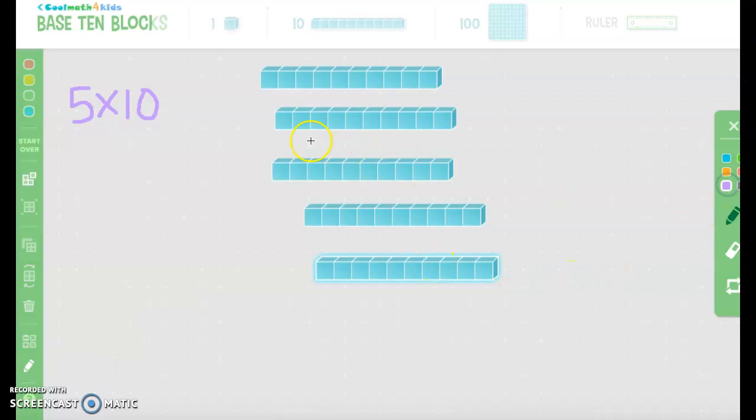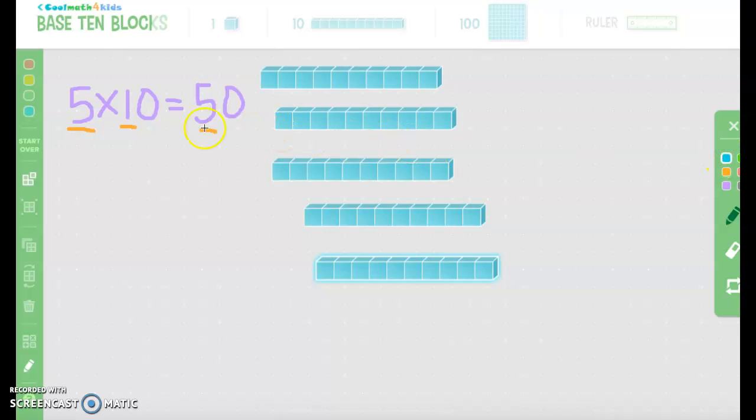I'll write the answer here. Now I can also think of it as if I see a number that's multiplied by 10, I can think to myself, well, 5 times 1 equals 5.